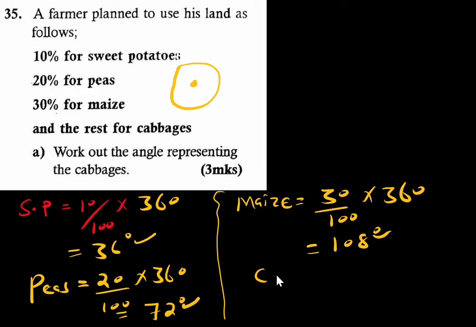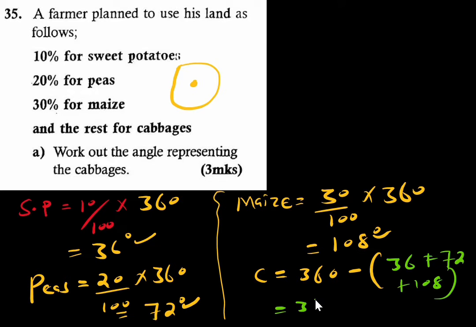And therefore for cabbage, it will be 360 minus the sum of these other angles. So minus 36 plus 72 plus 108. If we add, we get 216. So 360 minus 216, you can see that for cabbage is 144 degrees. And therefore the angle representing the cabbage is 144 degrees. And you get those 3 marks.